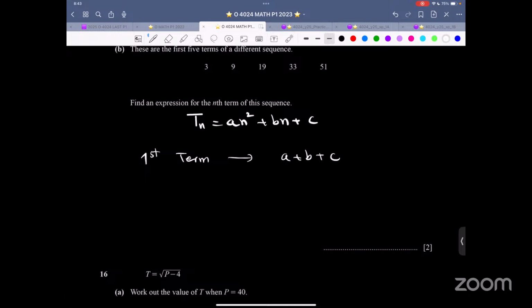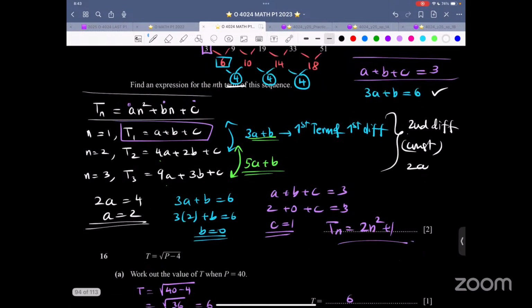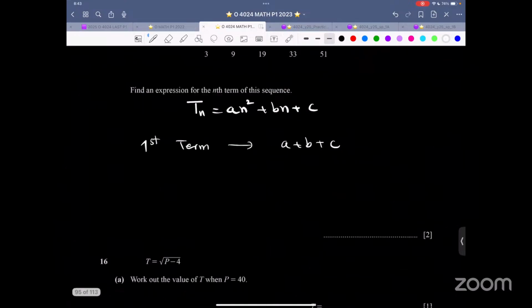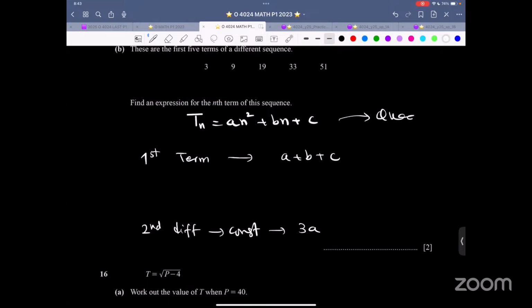This thing over here, the second difference, is constant. That is 3a. And by the way, this is a quadratic sequence.